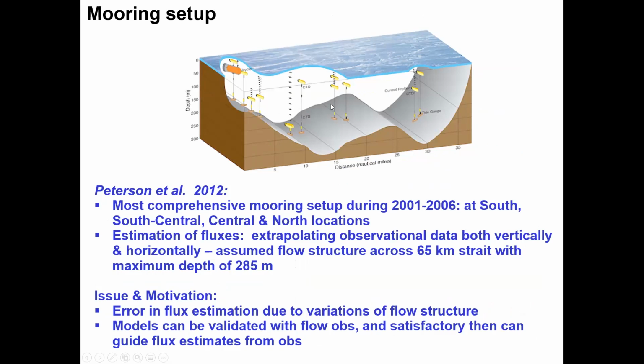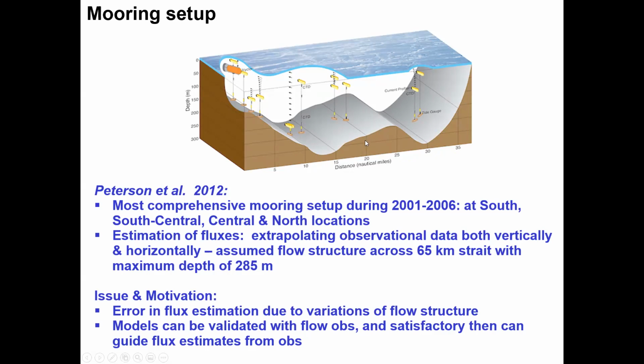There are moorings at the south, central, and northern locations. Recently, there are fewer instruments across the strait. When you estimate the volume flux or freshwater flux from moorings, you must do interpolation, both horizontally and vertically.